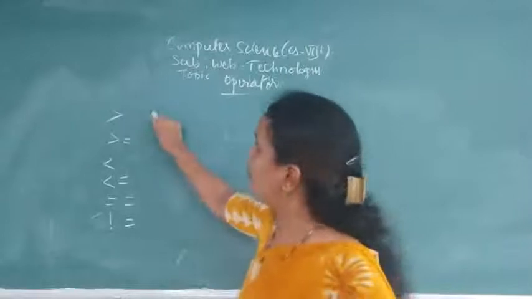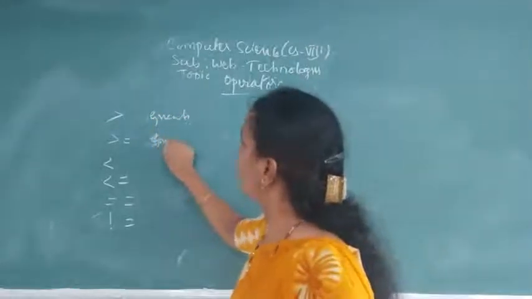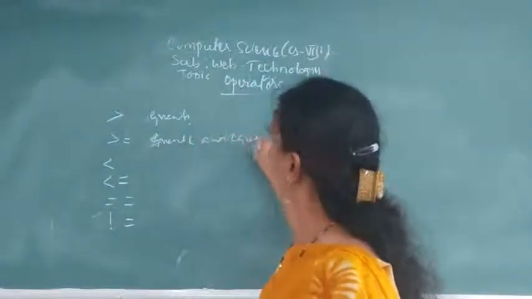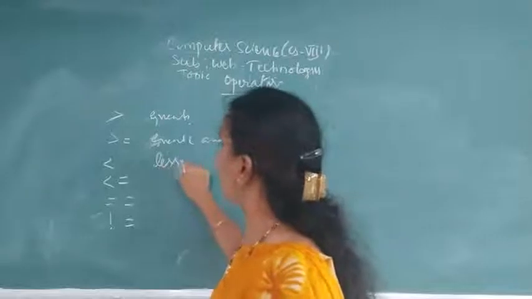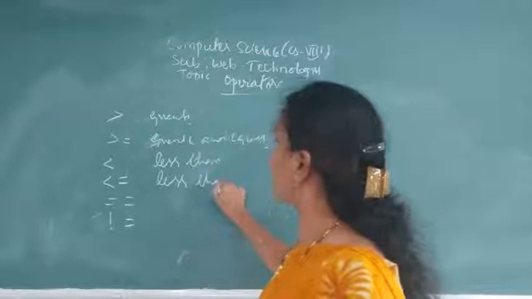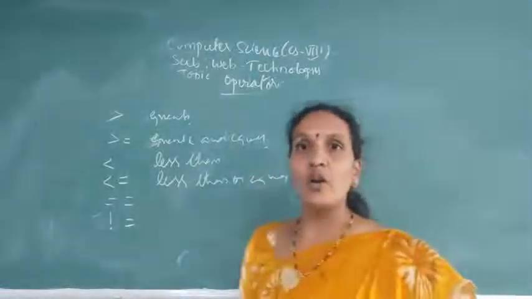What is the meaning of this? Greater than, greater than or equals to. Next, less than, less than or equals to. Here you will get a Boolean result, true or false.